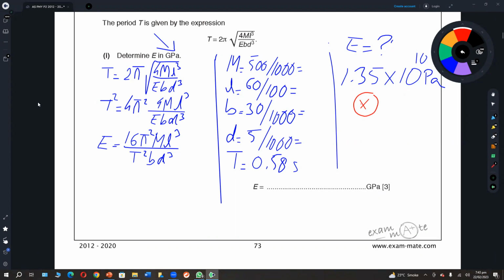So how should I convert it? By multiplying it with that value of giga, 10 power 9. No, Pascal to gigapascal. Okay. So we'll divide it then. Just like millimeter to meter. Yes.